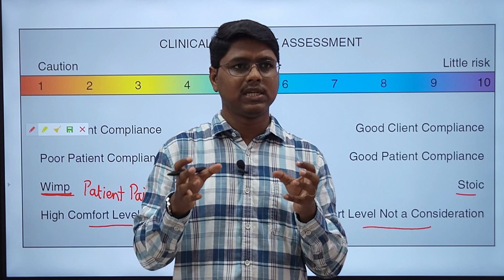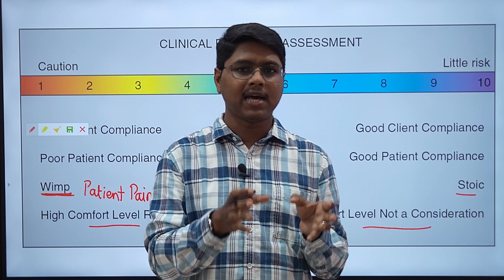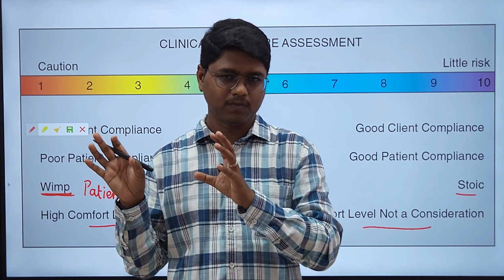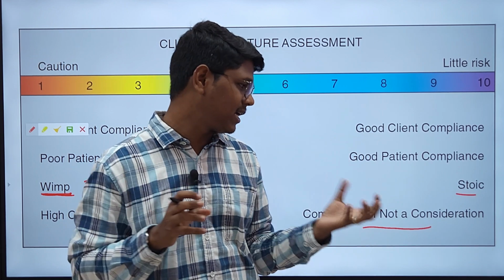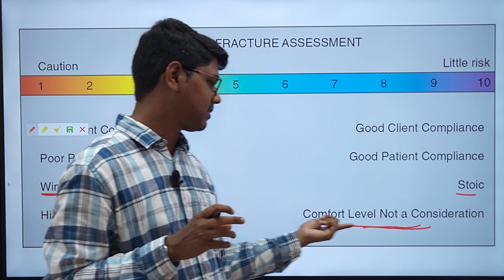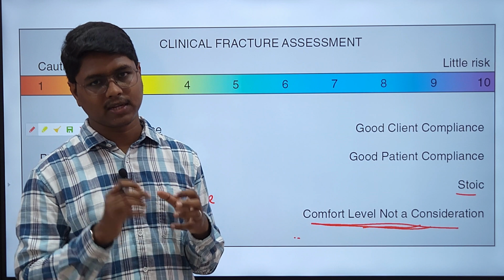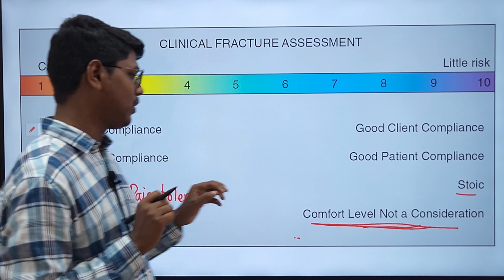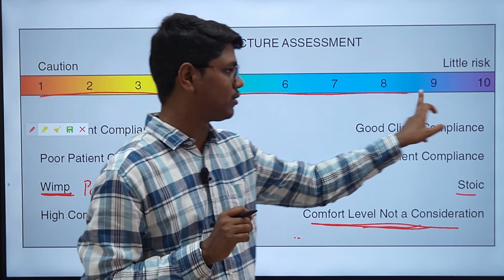Suppose one patient is kept inside an AC chamber room and another patient in the garage, so the comfort level will vary. Those kinds of comfort level are considered for this clinical fracture assessment scoring. So on all these bases you have to rate between 1 to 10.